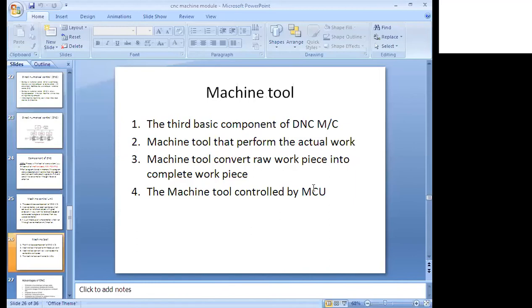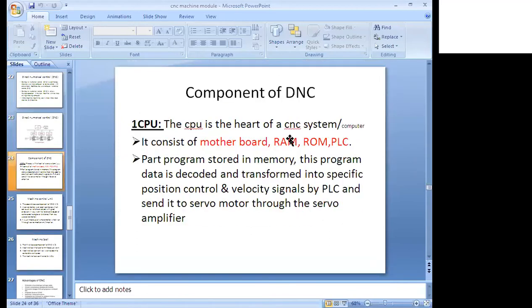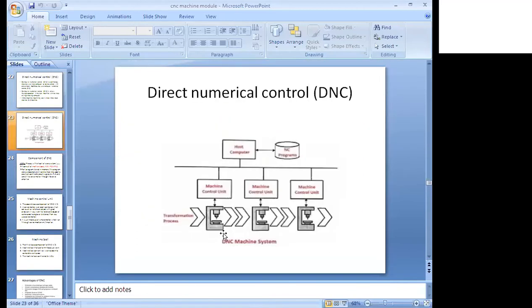Coming to the block diagram slide, this is the machine tool, this is the machine control unit, this is the computer. Here the actual work happens, where the raw material is converted into finished product with the help of the machine control unit. The machine control unit has the servo motor, which pushes, rotates, or moves the distances of the workpiece as well as the tool here.